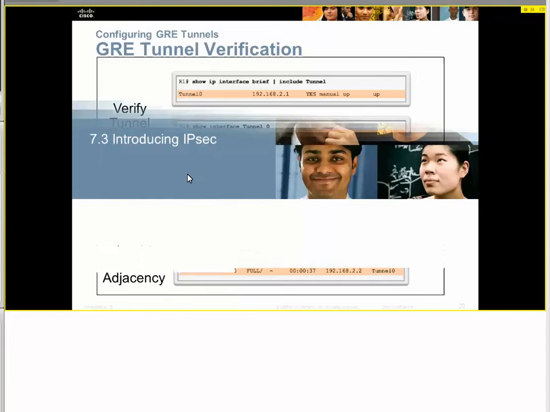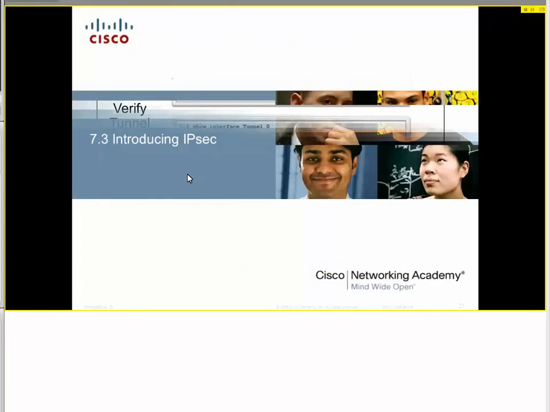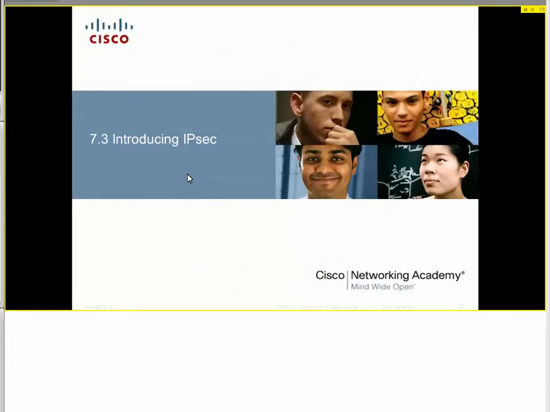Okay, so now let's get into what we really want to start building, which are IPsec-based environments, VPNs. Now, the difference between an IPsec tunnel and a GRE tunnel is its security.